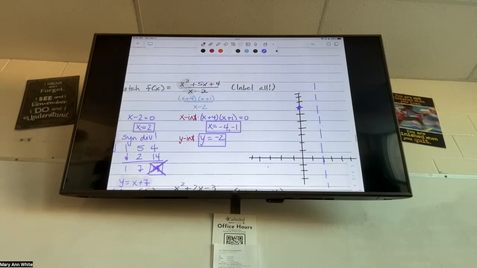And then I'm basically just going over 1, up 1, over 1, up 1, over 1, up 1, over 1, up 1. Oh, that's a little too far. Okay. And then I'm just going to dash that line all the way through, and I can extend it down in this direction as far as I want.